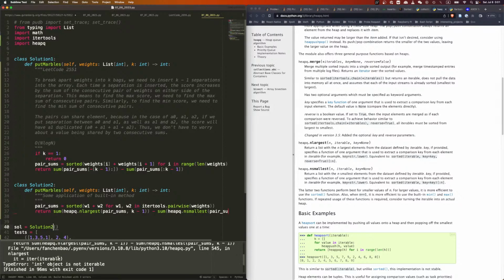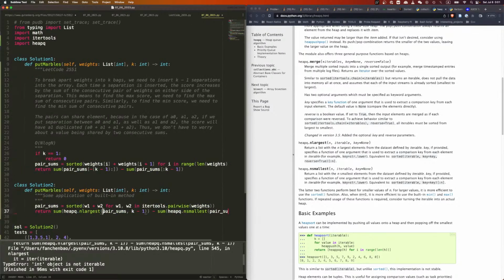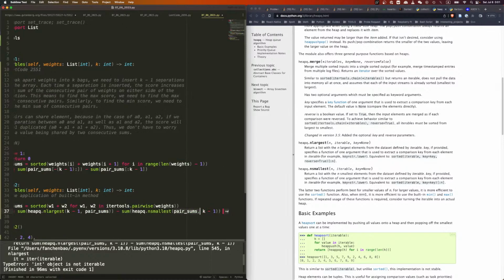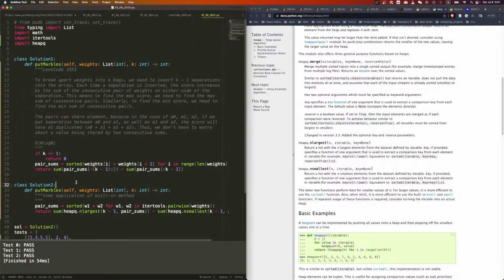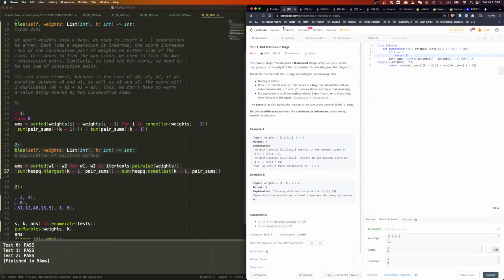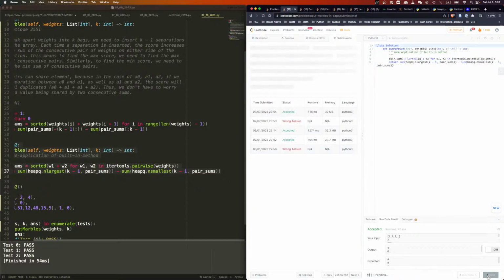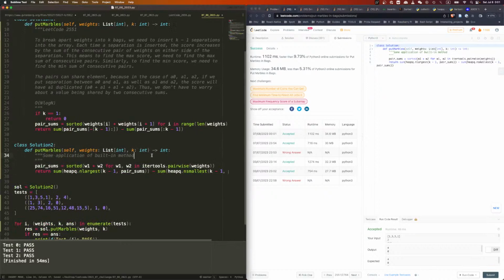Int is not iterable. Where did we go wrong? Oh, n first. K minus 1 first. Sorry. There we go. Good. And we don't have to worry about k equal to 1. Very interesting, just for fun. Okay, so that's that. All right, we can continue. We spent half an hour on this one.